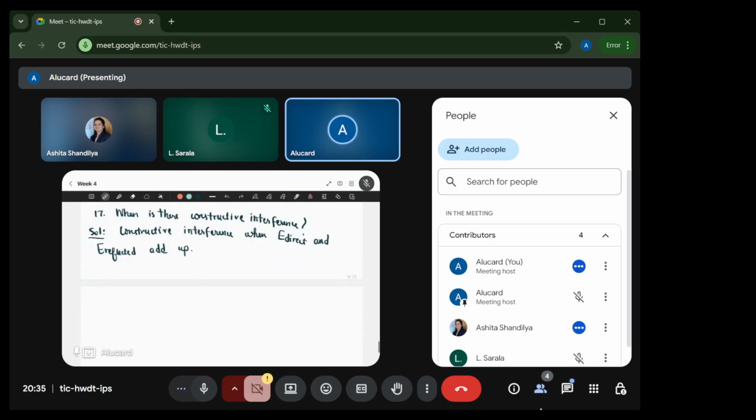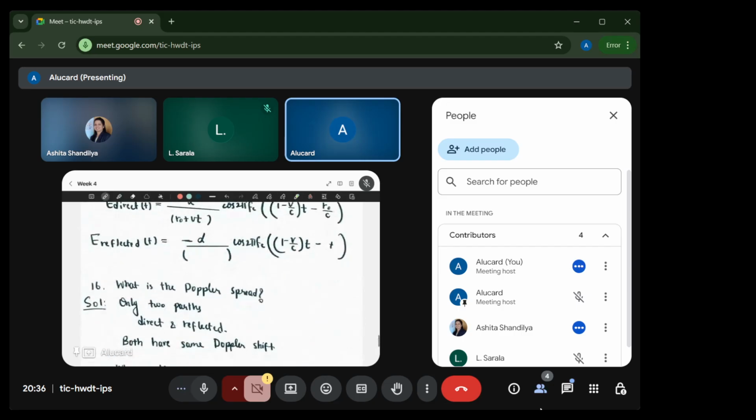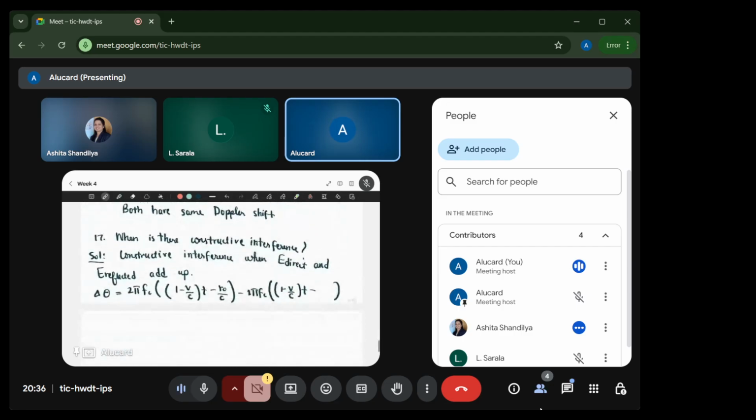So in E reflected, you can write delta theta, the difference in phases, as 2 pi fc into 1 minus v over c t minus r0 over c, minus 2 pi fc into 1 minus v over c t minus the other term from the reflected component, plus a pi.